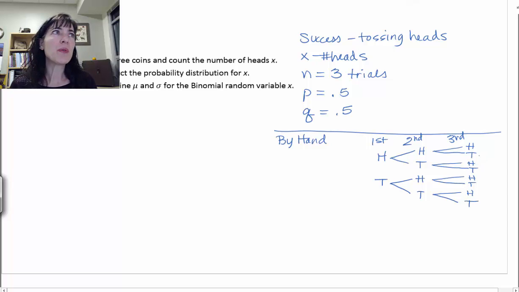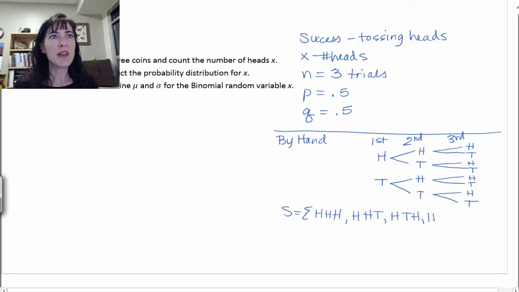So if I'm looking at tossing 3 coins and counting the number of heads, I have several tosses that have heads, and if I look at them in the sample space, I have heads, heads, heads; heads, heads, tails; heads, tails, heads; heads, tails, tails.